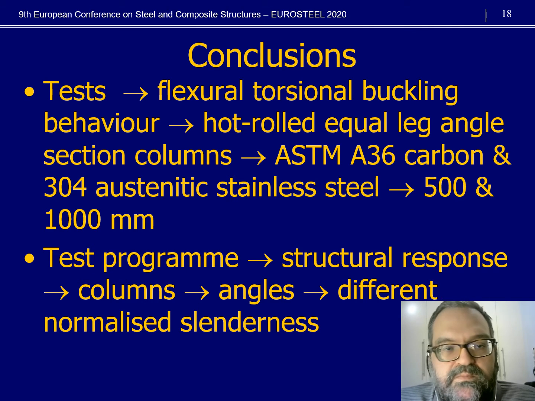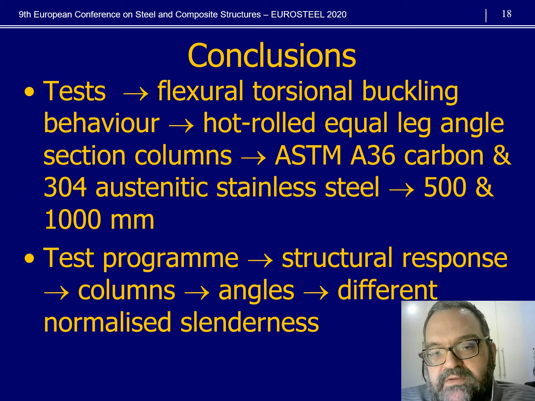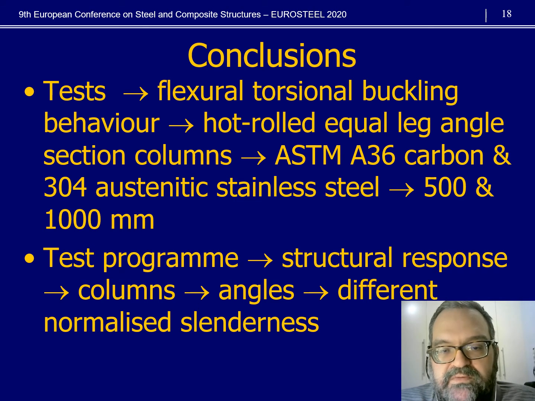In conclusion, we present some tests involving the flexural-torsional buckling of hot rolled equal leg angle section columns, using ASTM A36 carbon and 304 austenitic stainless steels with heights of 500 and 1000 millimeters.